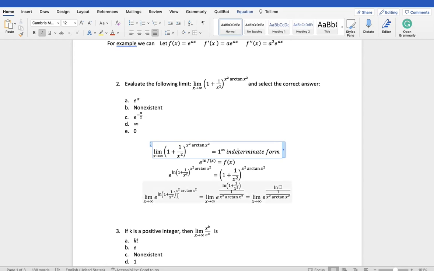So what we do is, since we have ln of (1 + 1/x^2) to the exponent of x squared times arctan x squared, we can take out this exponent x squared times arctan x squared and bring it outside the ln.